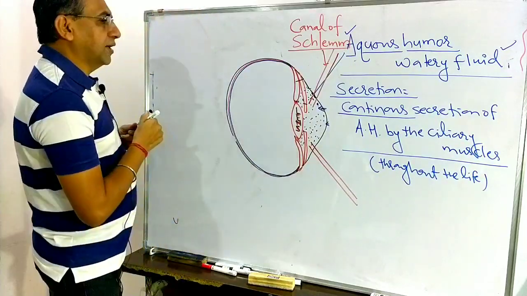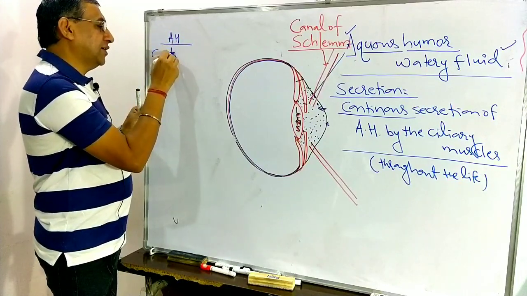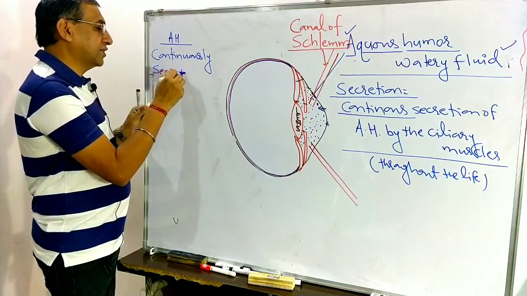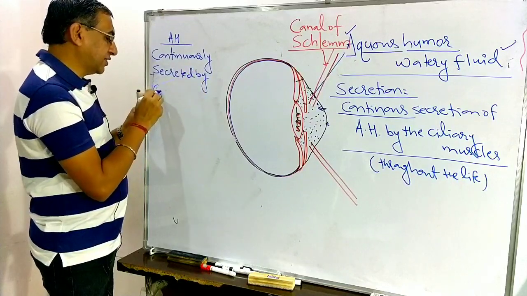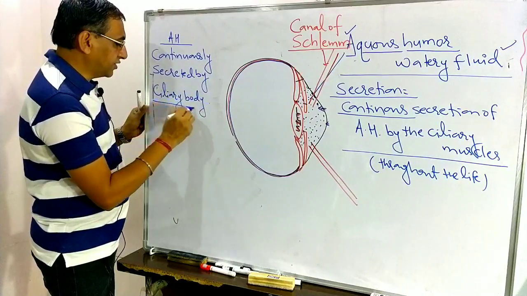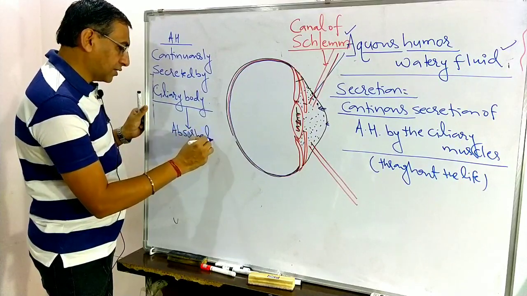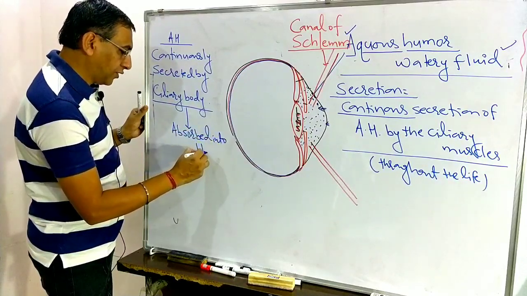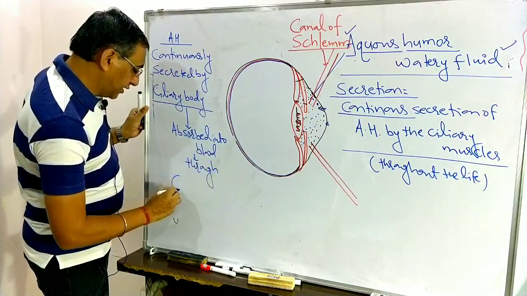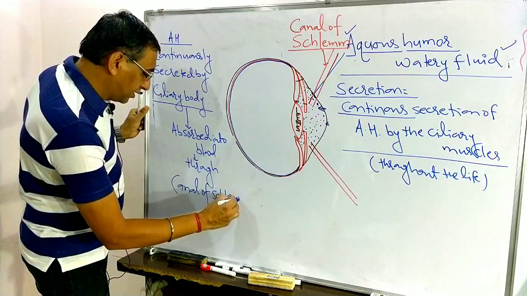So the aqueous humor is continuously secreted by the ciliary body, and it is absorbed into the blood through the canal of Schlemm.